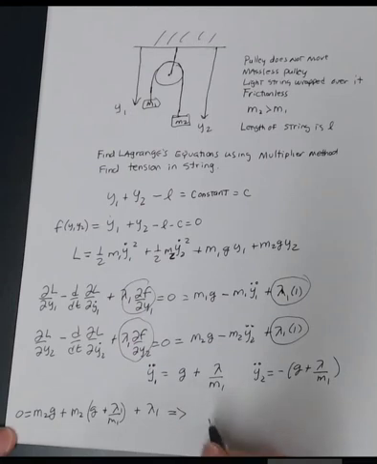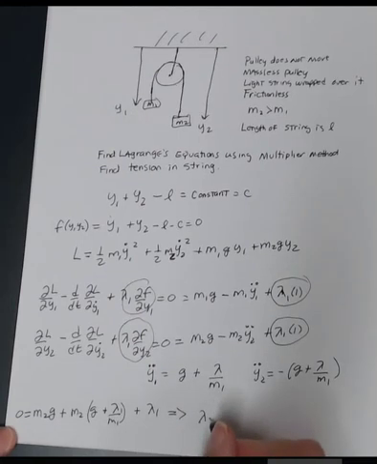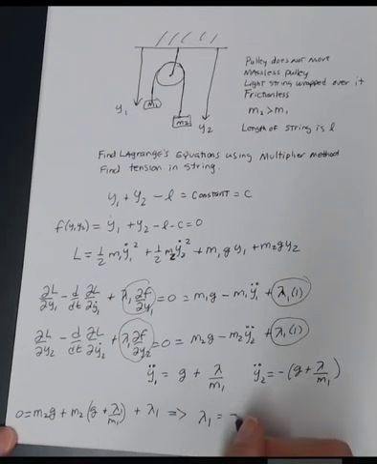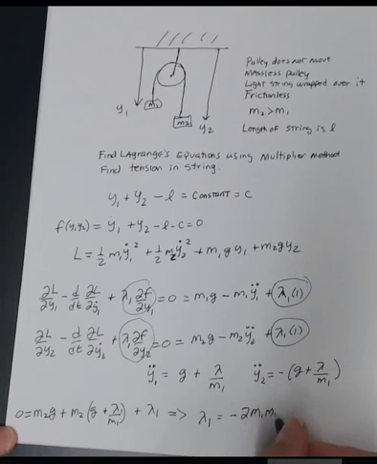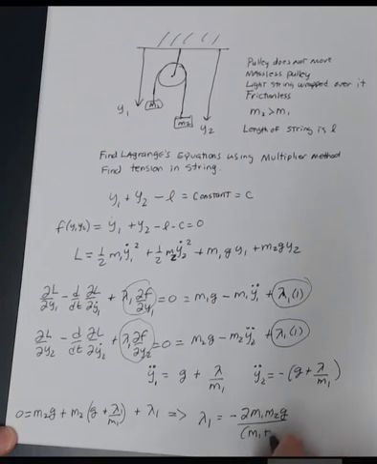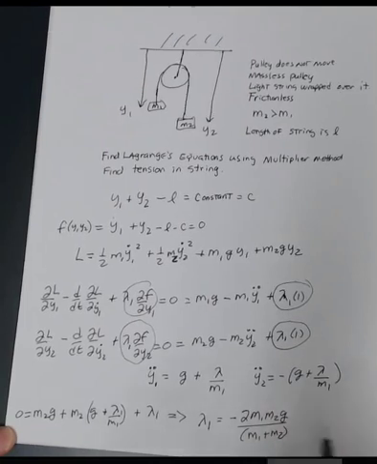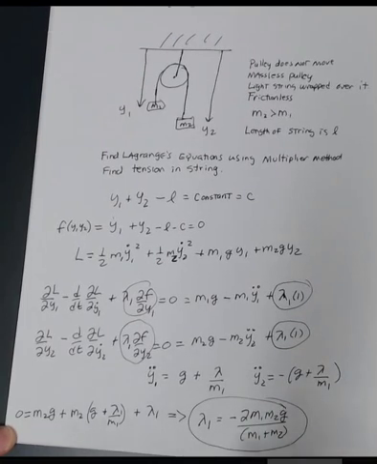If I solve for lambda 1, I get lambda 1 is negative 2 m1 m2 g over m1 plus m2. You can double check me on that. I told you this is the force, so that's the tension in our string.